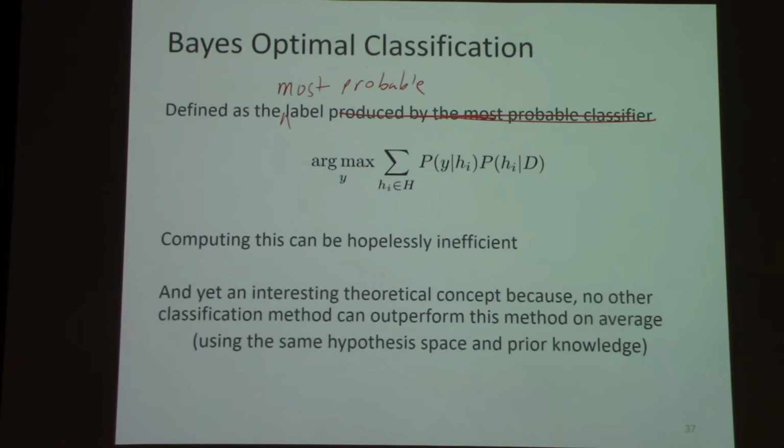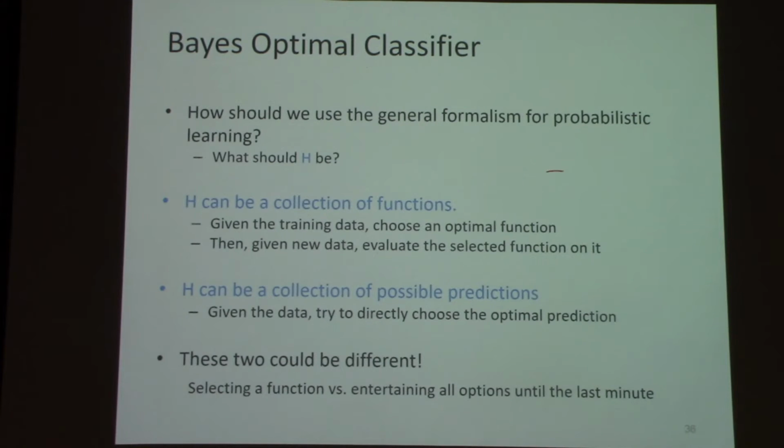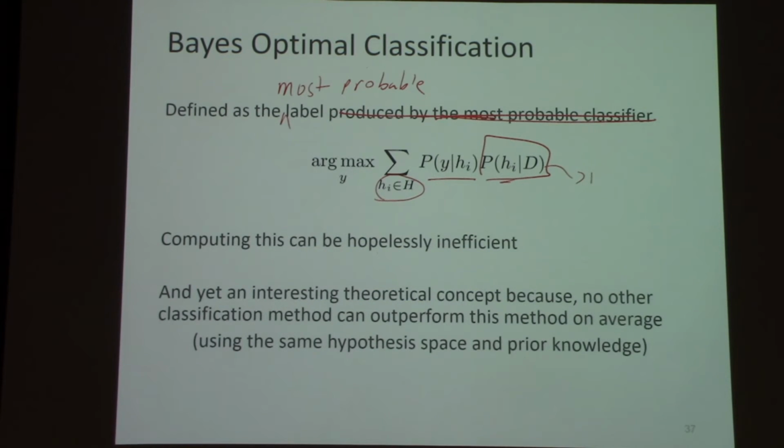In other words, if I want to find a label, I try out every possible hypothesis in the hypothesis space, get the probability of the label given that particular hypothesis, and weight it by the posterior probability of Hi given the data.